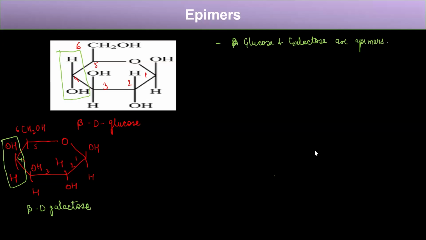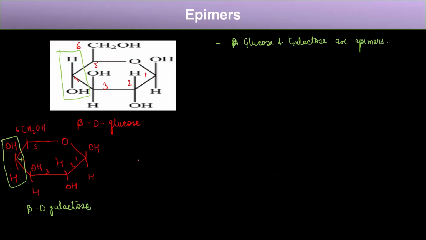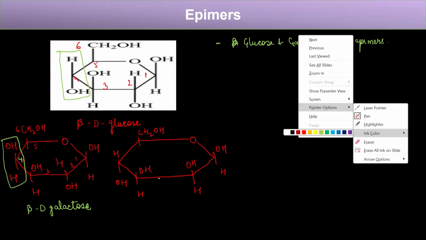Now, let me draw another structure. So this one is beta D galactose. Now, you have one more structure, something like this. So you have CH2OH, H, OH, H, OH, OH, H, and OH. Now, if you look at this structure and compare it with the beta D glucose structure, at what position can we observe the difference?